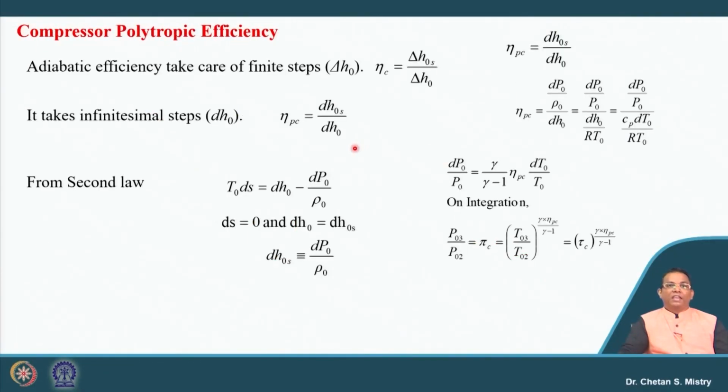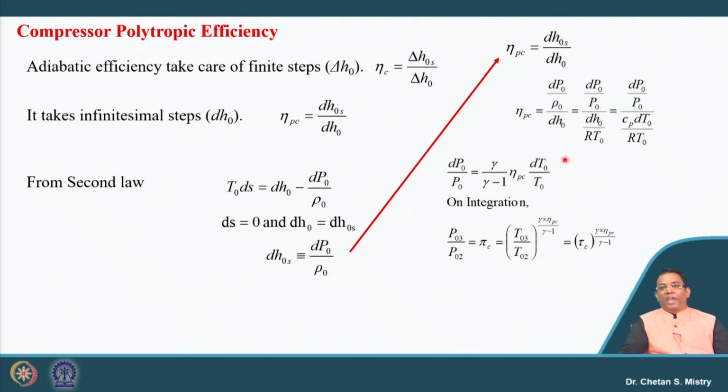Now, we can say the efficiency that is defined is the polytropic efficiency. What we know, our isentropic efficiency we can write as delta H0S by delta H0. Suppose I am taking per stage or small efficiency, or polytropic efficiency, that is represented by dH0 by ds. We know our second law of thermodynamics. If I am considering my entropy constant, or say there is no change of entropy, ds equal to 0, then we will try to find this polytropic efficiency in a differential form.